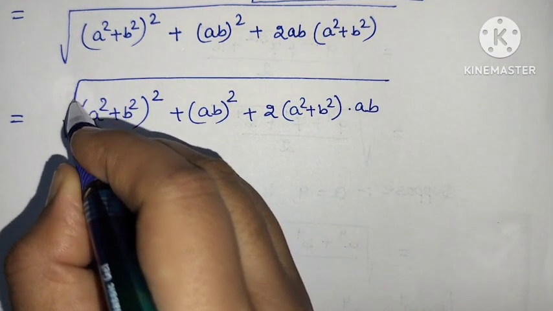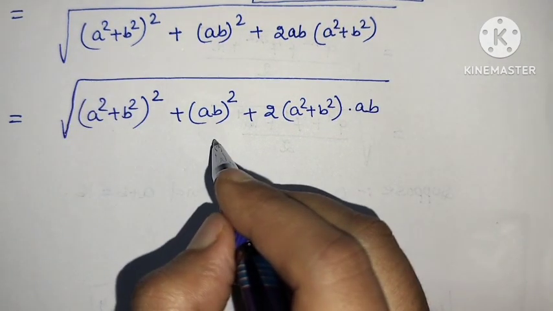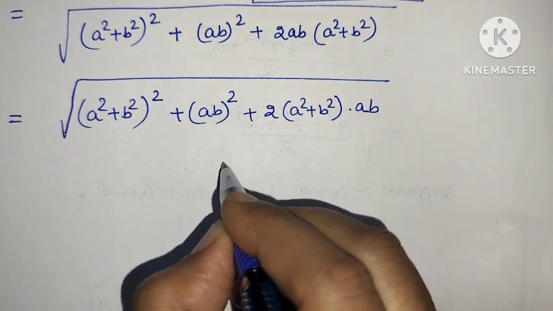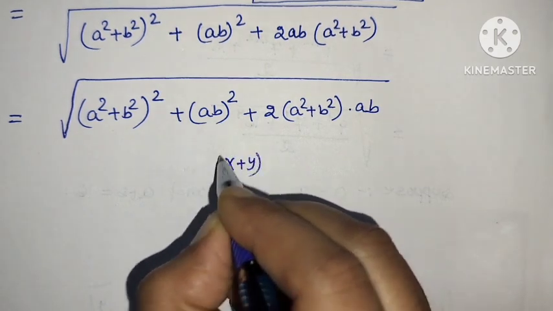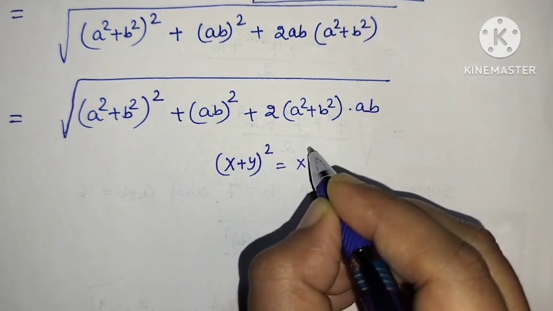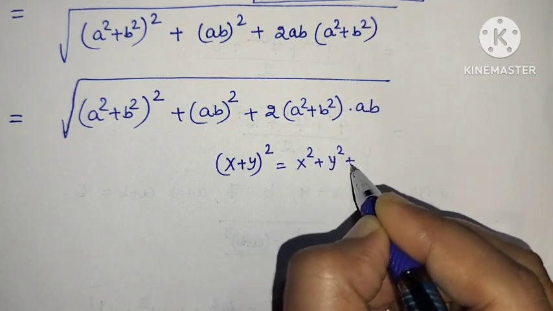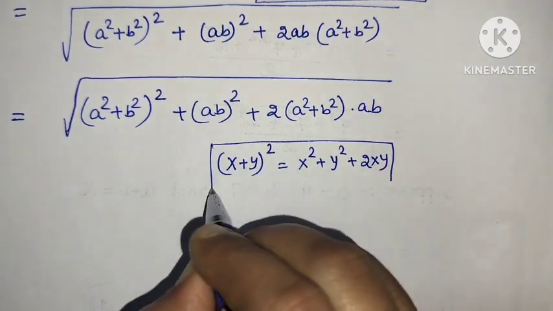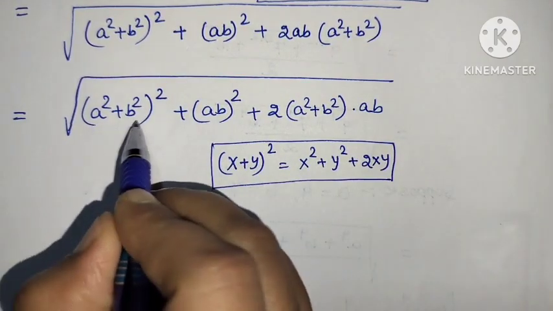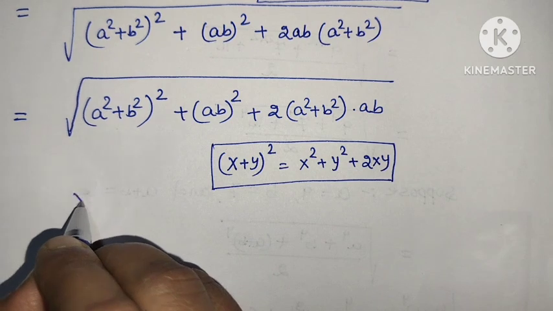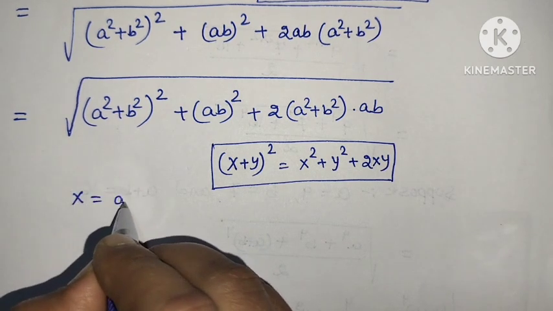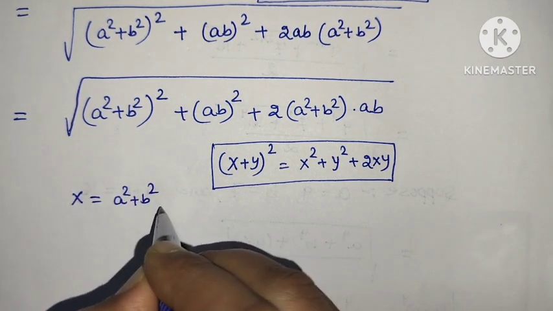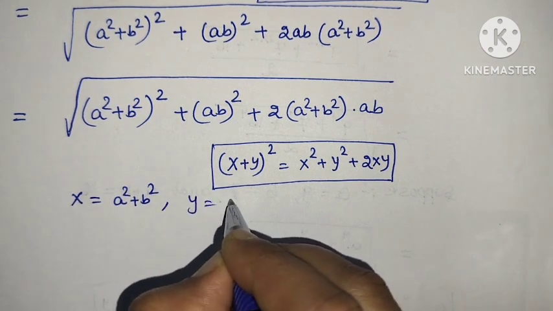Yes. Same thing. Here we apply also A plus B whole square, or X plus Y whole square. It is X square plus Y square plus 2 into XY. We apply it here. Let us take X is equal to A square plus B square, and Y is equal to AB.